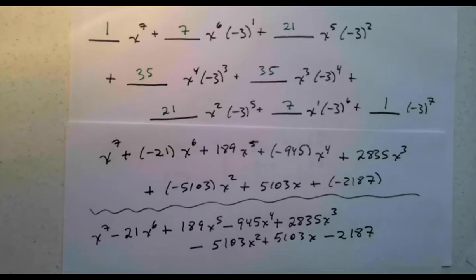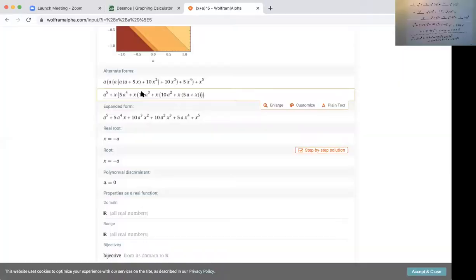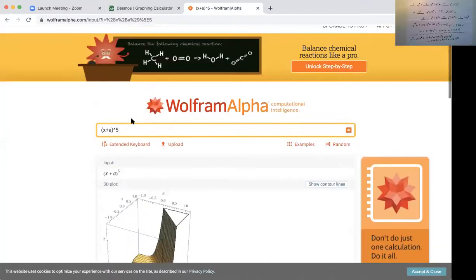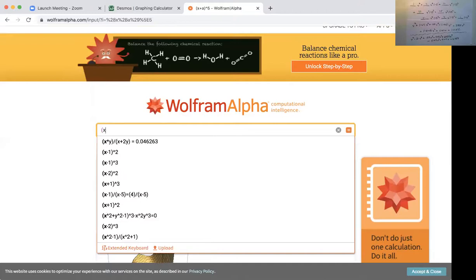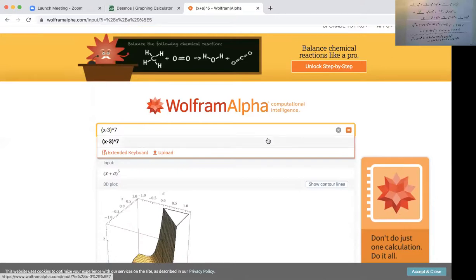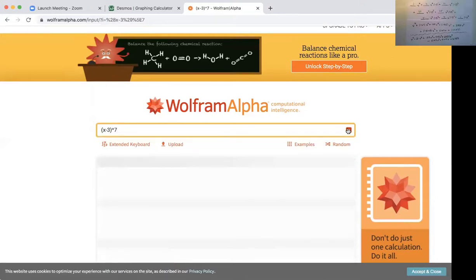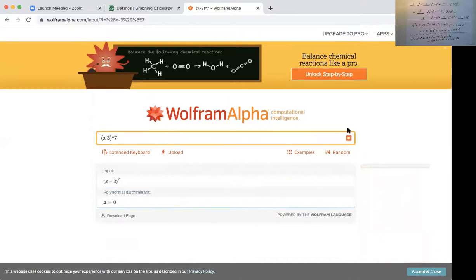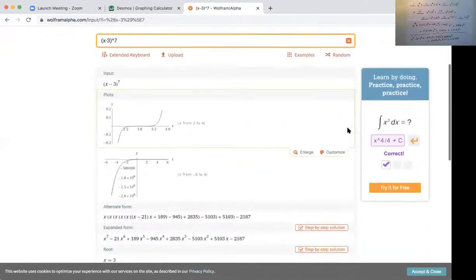Let's check that on Wolfram Alpha. x minus 3 to the 7th power. We're going to get x minus 3 to the 7th power, and we'll see what Wolfram Alpha tells us. We hope it looks the same as what I have.